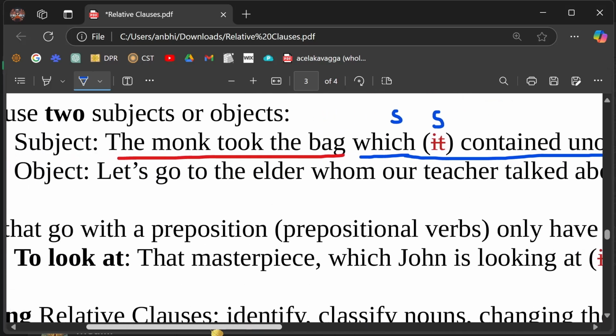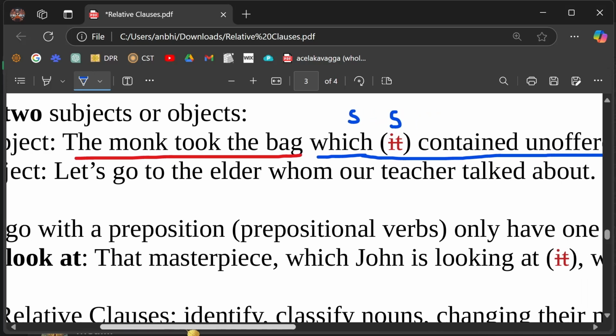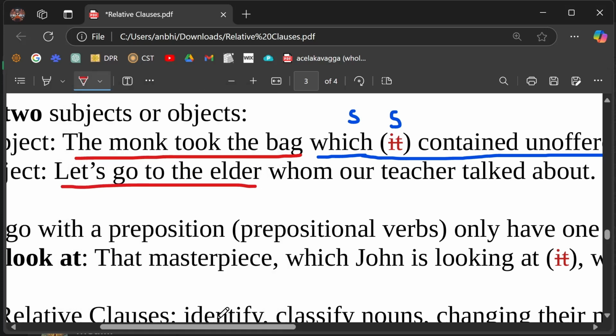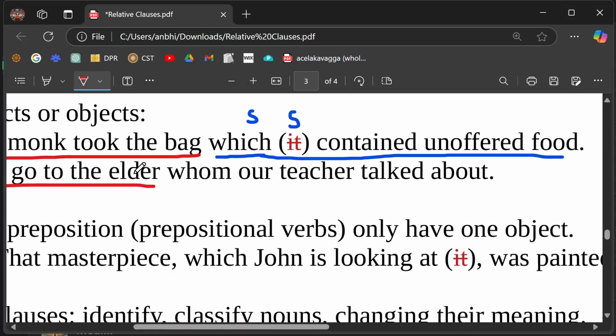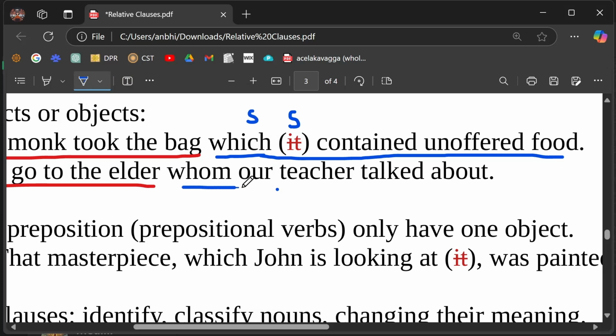Or two objects. Two objects, or maybe if it's not an object, it's like a complement maybe. Let's go to the elder. Okay, this is the first main clause. Let's go to the elder, the theta. Now we want to talk about the elder as an object, whom our teacher talked about.